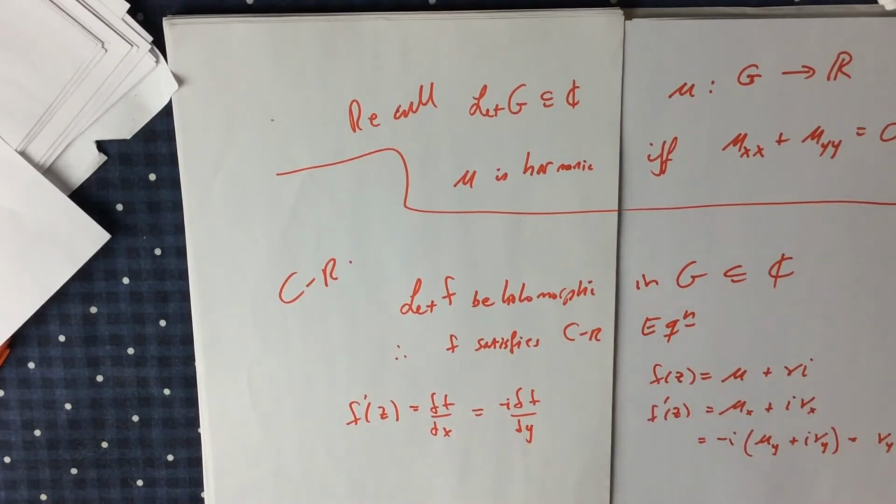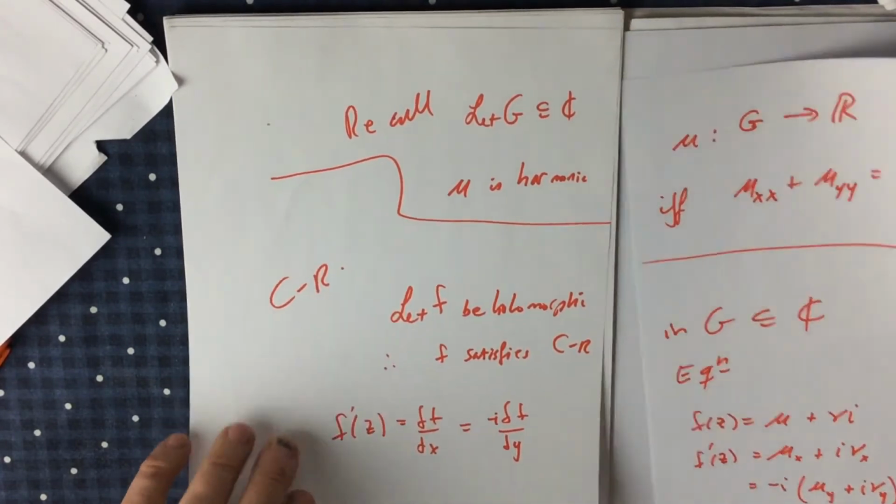Now, it says these things are equal, and so there's a couple of consequences. First, mu of x equals nu of y, and nu of x is equal to minus mu of y.